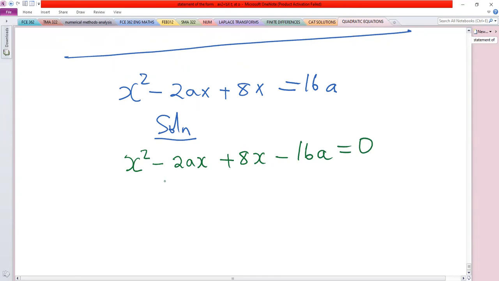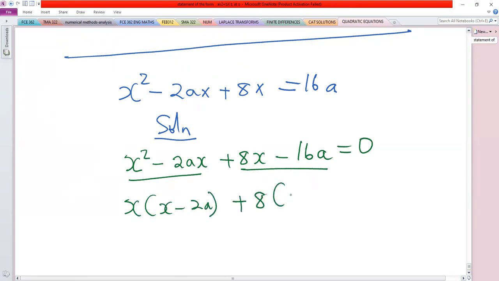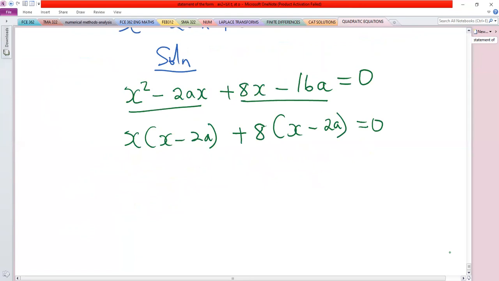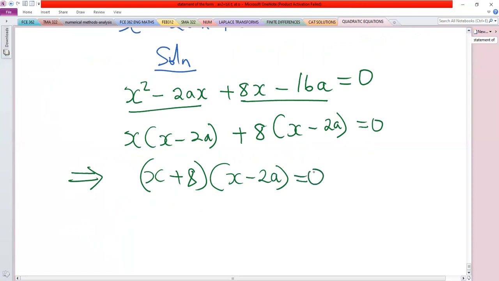And then this one directly is in the correct form, where factorization of this will give us x into x minus 2a plus 8 into x minus 2a. So this implies that x plus 8 multiplied by x minus 2a gives 0.